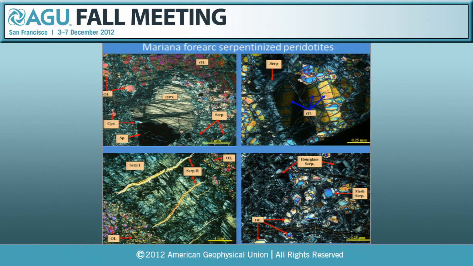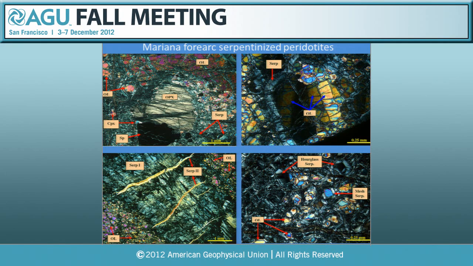If you look here on the top, this is a fairly fresh sample of one of these depleted harzburgites. What we have is fresh orthopyroxene, olivine, spinel and a few grains of CPX. With more advanced hydration, we start forming serpentine halos surrounding the olivines.